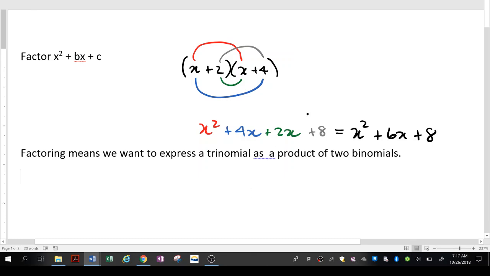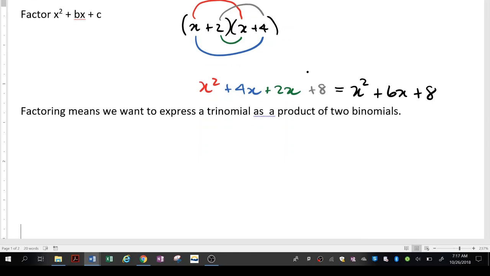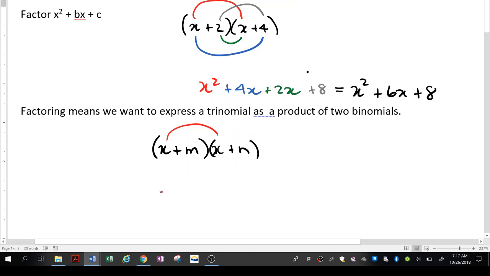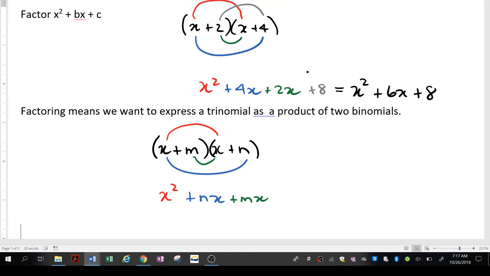Okay, let's look at another couple examples. So let's look at a general term. So let's suppose we have x plus m times x plus n. And we FOIL that. That gives us x squared, those are our first terms, our outside terms, our inside terms, and our last terms.